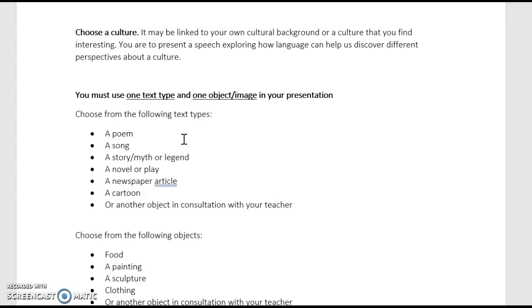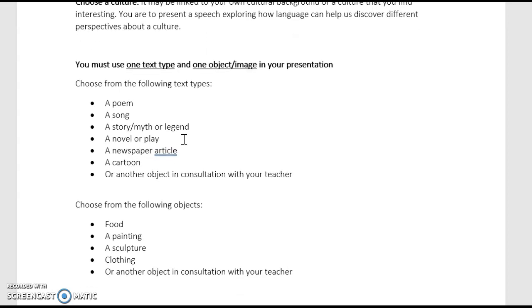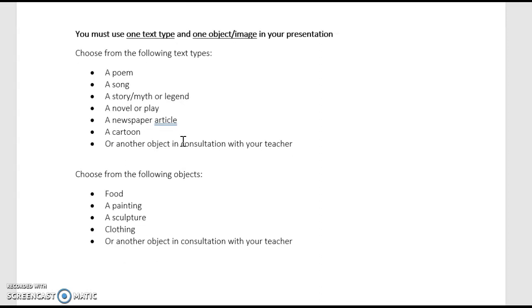So they're the different types of text that you're going to try and explore within your task. And then you're looking at objects as well. So food, a painting, a sculpture, clothing, or another object in consultation with myself.